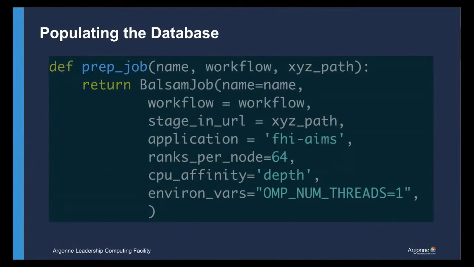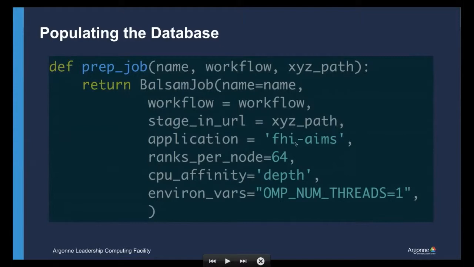It's very flexible in terms of how you want to structure your database populating code. But the key API here is that Balsam job constructor. In this case, rather than using the Balsam job objects filter API, we're just using Balsam job as a constructor. Each keyword argument is nothing but one of the columns in the database that you see with the ls command. So we can create a job with an arbitrary name using a particular application.